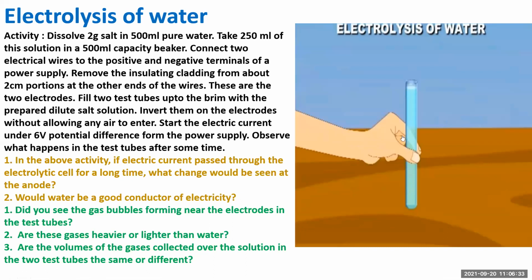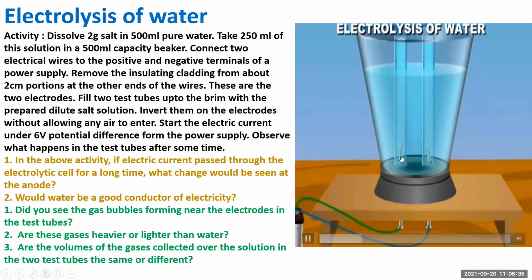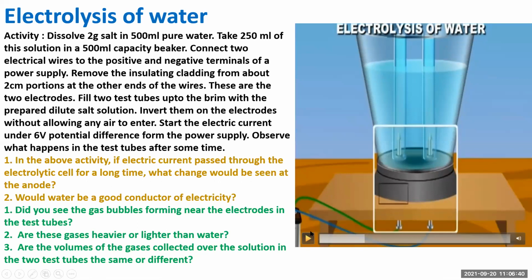Put the test tubes over the electrodes, switch it on, and complete the circuit. Now what happens? Current starts flowing through it.